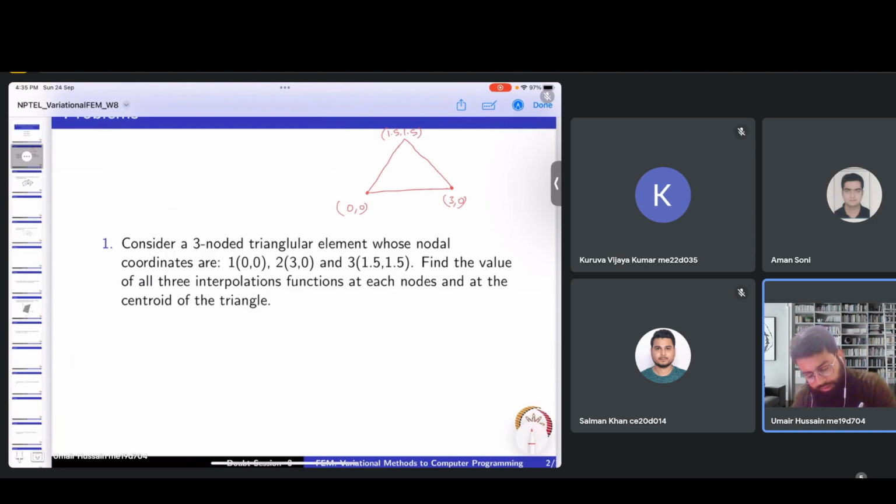At each node, I think we know the answer: psi 1 at node 1 will be 1, at node 2 will be 0, and at node 3 will be 0. Likewise, we'll verify that too, but we need to find the center of the triangle.